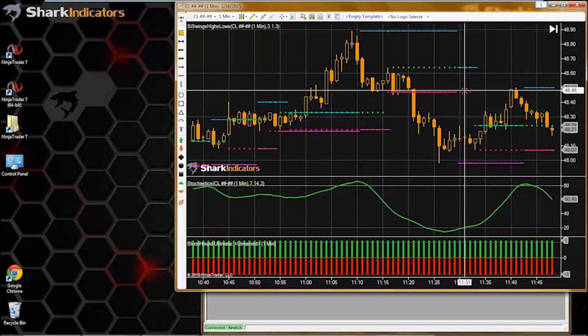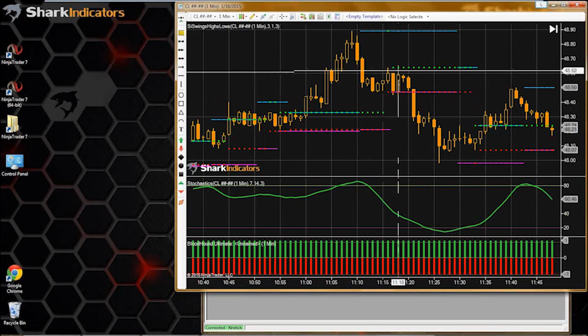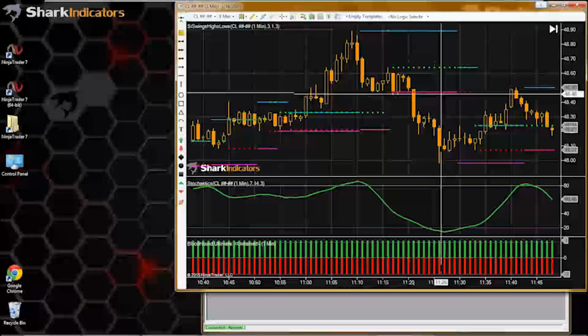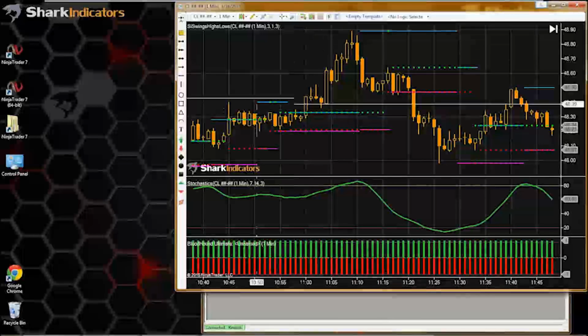And we can see the red dot identified this lower high right there. So we're going to use both of these plot lines here to identify higher lows and lower highs.